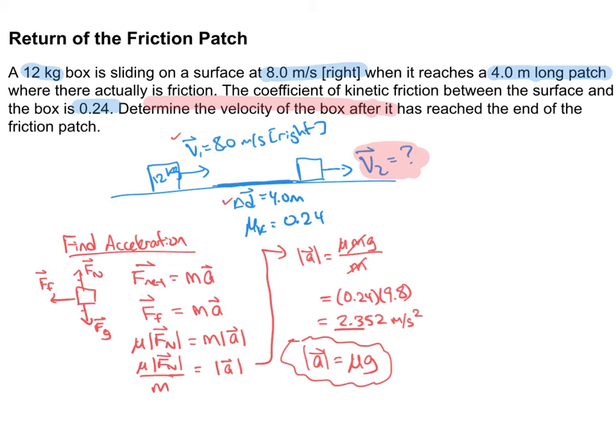Okay, so now that I have the acceleration, I can go ahead and try to finish the question. I can use it in my big five to solve for the final velocity. It's easier if I have everything in one column here, just when I'm picking my equations.